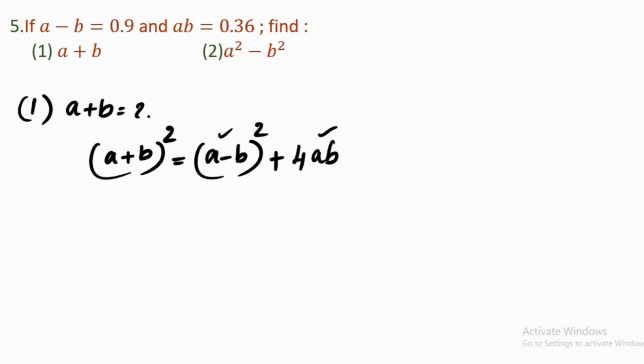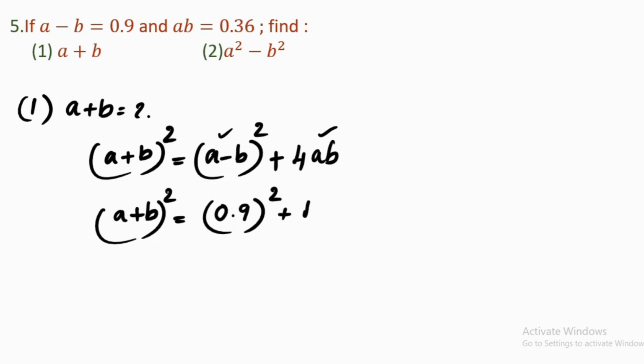Now we will solve for a plus b. A plus b the whole square equals, substitute the values now. What is a minus b? A minus b is already given, that is 0.9 the whole square plus 4ab. ab is 0.36, right?